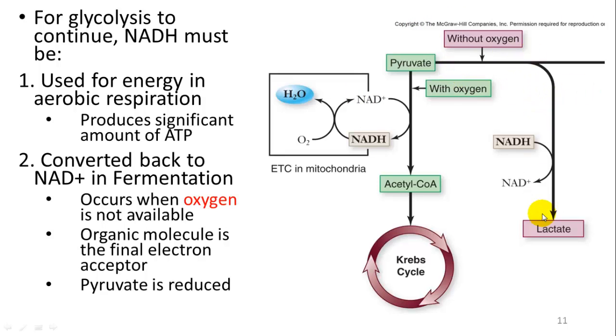You go through fermentation, you can reduce it there, and we'll talk about fermentation later. And this occurs when oxygen is not available, or in a lot of bacteria, this is the only way that they can produce energy.